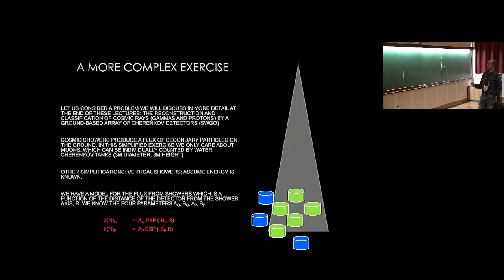So they are taken for granted to come directly from the vertical, and these two angles don't matter any longer. Your observable quantities, the number of particles that you see, now depend only on the distance that your detector is sitting at from the shower center. Of course, they will also depend on the energy, but we will assume that the energy is known.